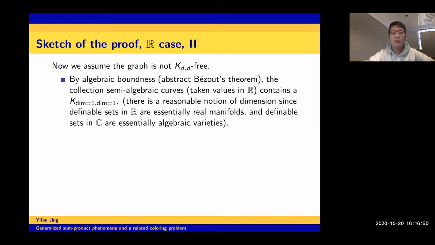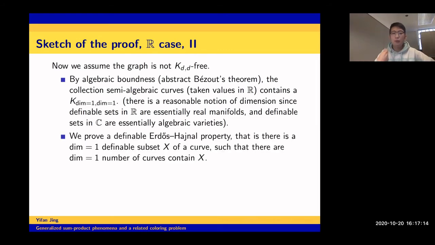And then we can prove that this curve contains a large K_{D,D}, and both have dimension 1. So basically, that means you have infinitely many, or a dimension 1 family of curves, and all of the intersections have dimension 1 intersection. That is something like an interval intersection.